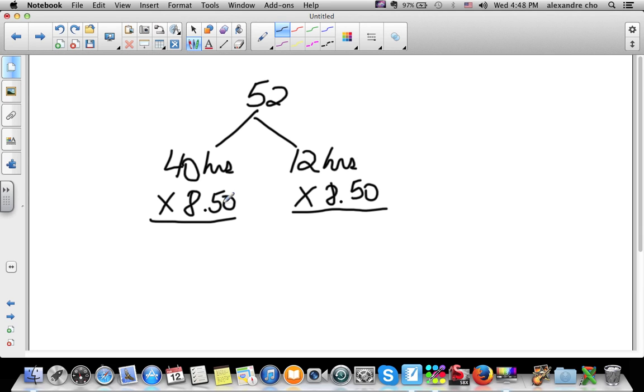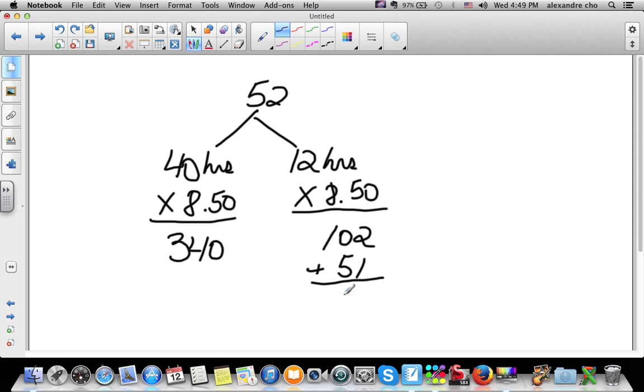For the first 40 hours, 40 times 8.5, he gets $340. Now the next 12 hours, he gets 1.5 times what he makes. So he makes 12 times 8.5, which is 102, and half of that, which is 51.